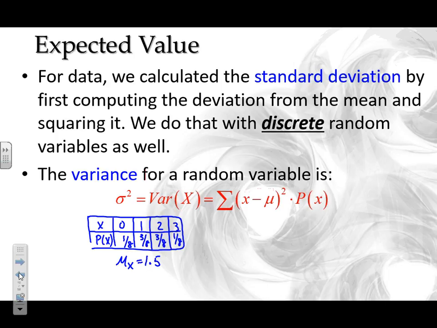So if I wanted the variance for this particular distribution, I would start with my first value, 0, minus the mean, so minus 1.5, squared, times the probability of 0, which was 1/8.